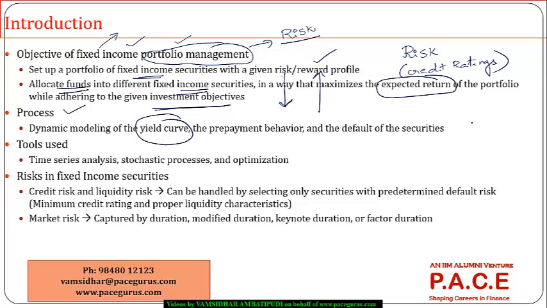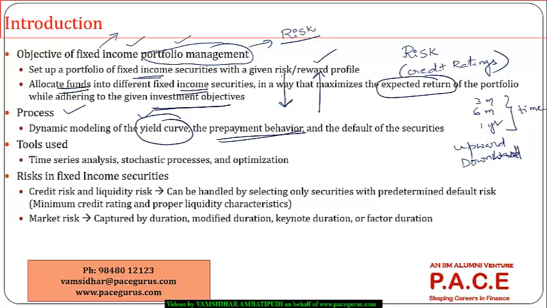When I am talking about the yield curve, I'm talking about the interest rates of different periods: the 6-month interest rate, 3-month interest rate, 1-year interest rate, different interest rates across time, and how they keep changing. Is it upward sloping, downward sloping, or flat? What is the shape of the yield curve? How is the yield curve changing with respect to time? All these things require dynamic modeling.